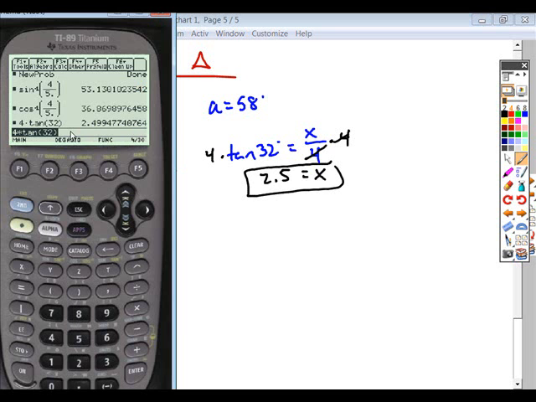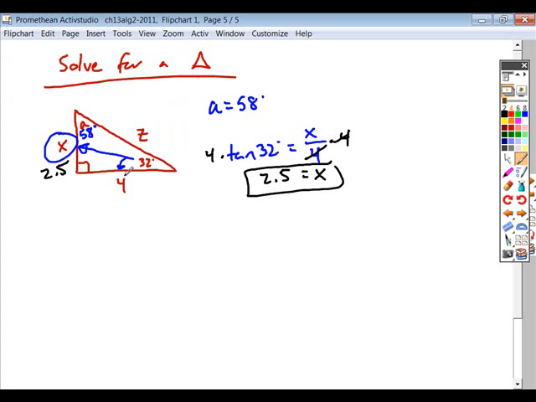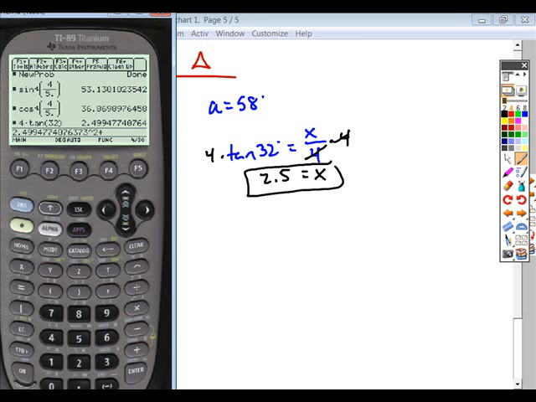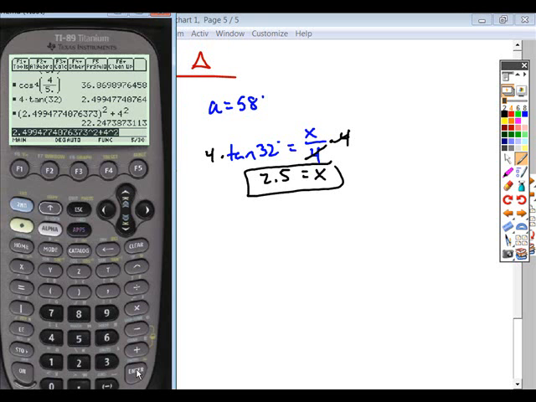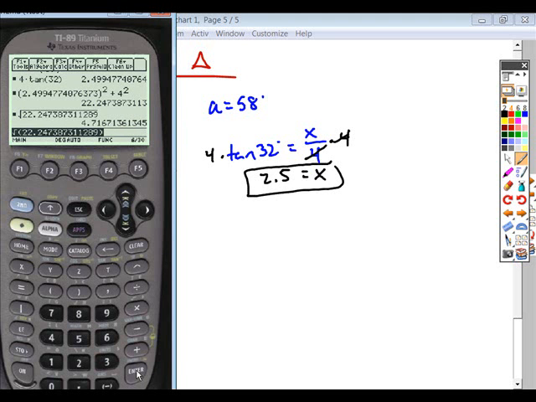So you can select this value squared plus the other side squared, which is 4. Solve for that, and then you'd have to square root it. Once you take the square root of that value, that gives you your final measure of about 4.7.